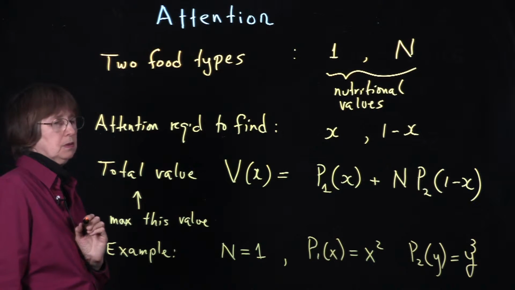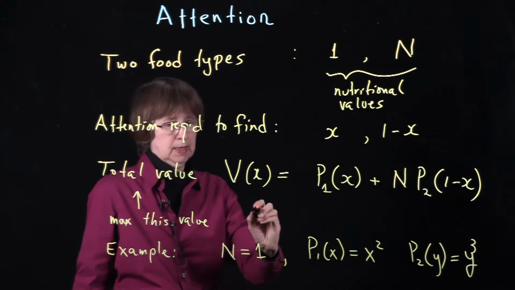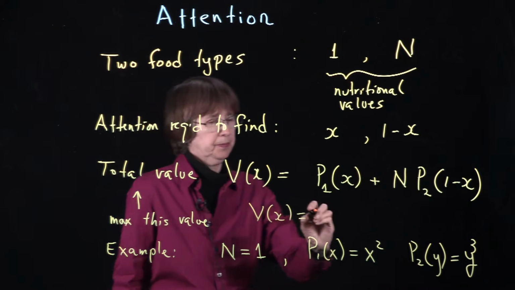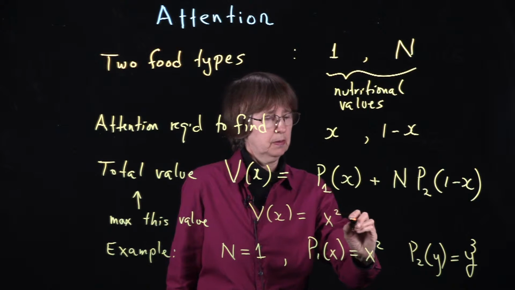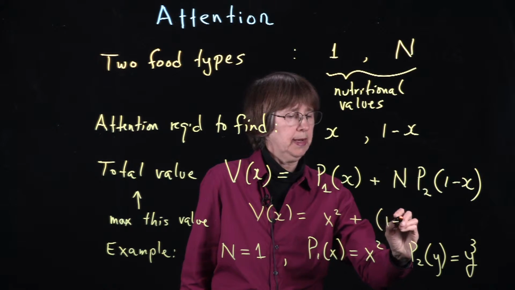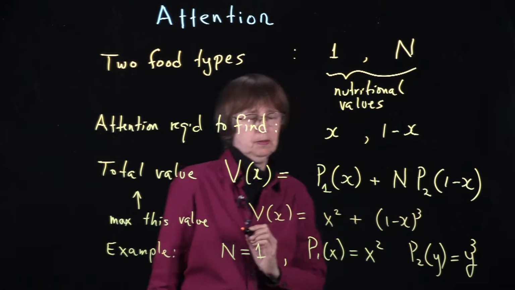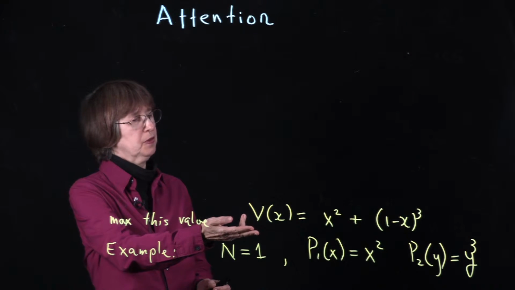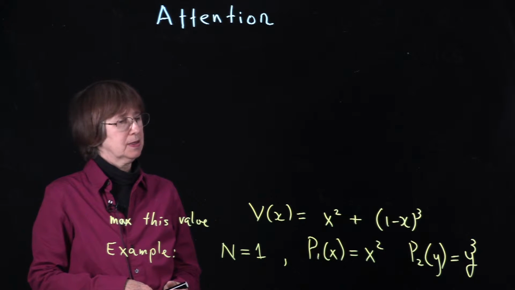So in other words, what we'd like to do is maximize the function x squared plus (1 minus x) cubed. That will be our goal. So we've got the following function that we'd like to optimize.